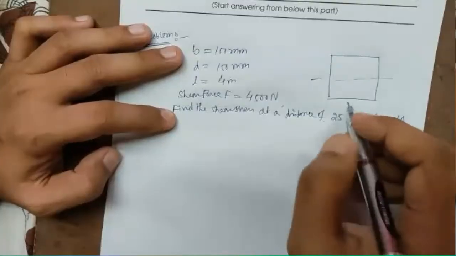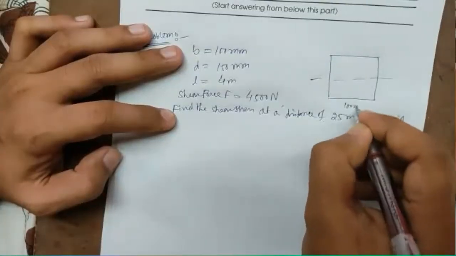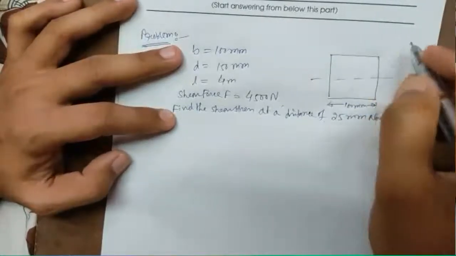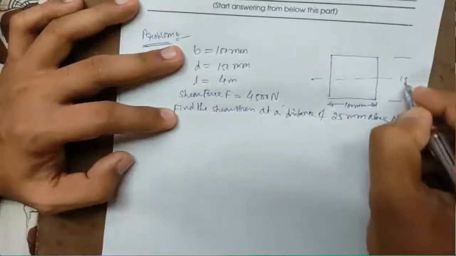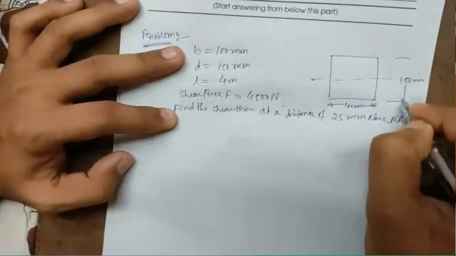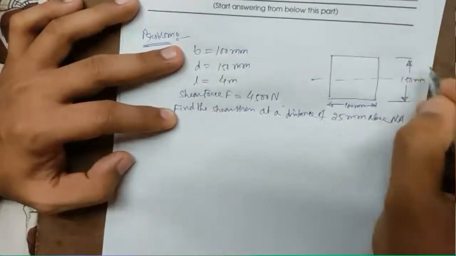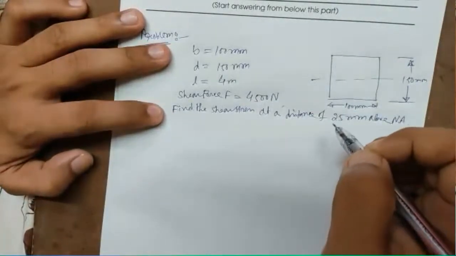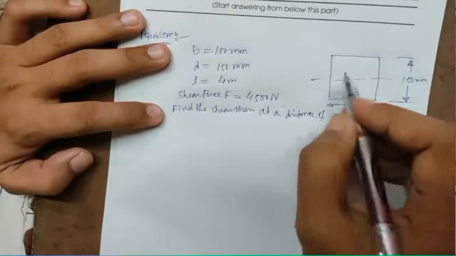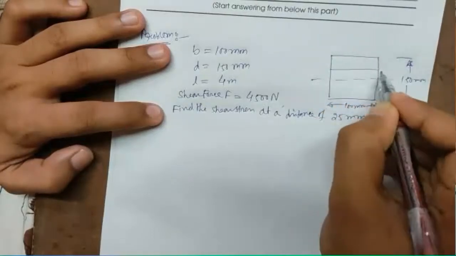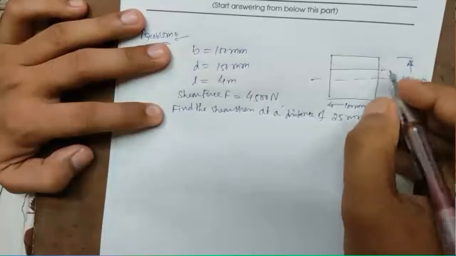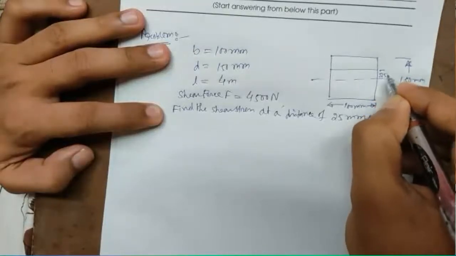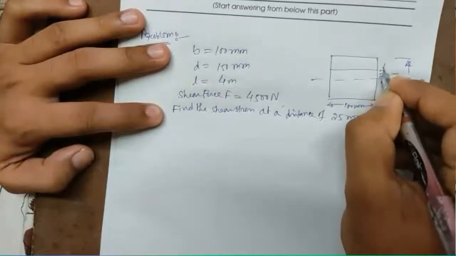So this is 100 mm wide, 150 mm deep, as told in the problem. It says the shear stress at a distance of 25 mm above the neutral axis, so you just mark this at 25 mm from the neutral axis.